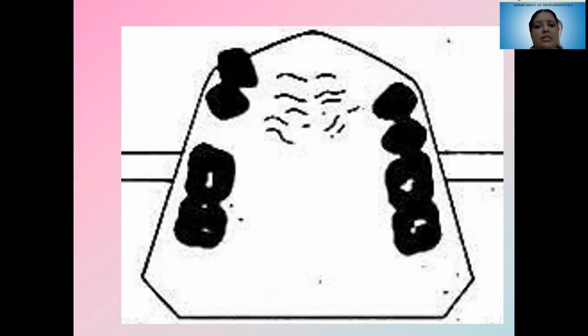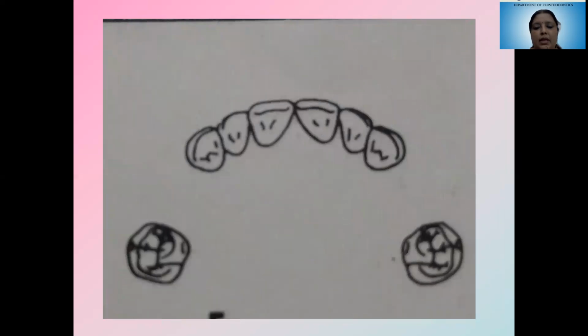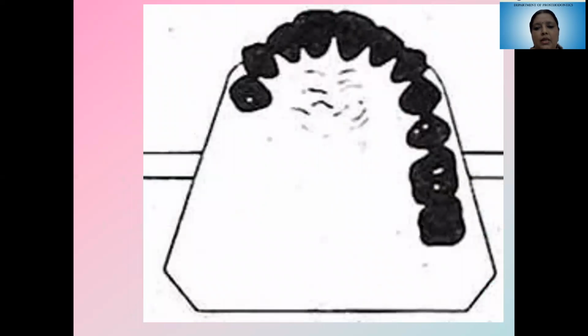So it is Kennedy's class 3 modification 1. Now, here bilaterally 2 edentulous areas are there. Both are like a class 3 situation. So we'll call this Kennedy's class 3 modification 1. This is a straightforward case, Kennedy's class 2.